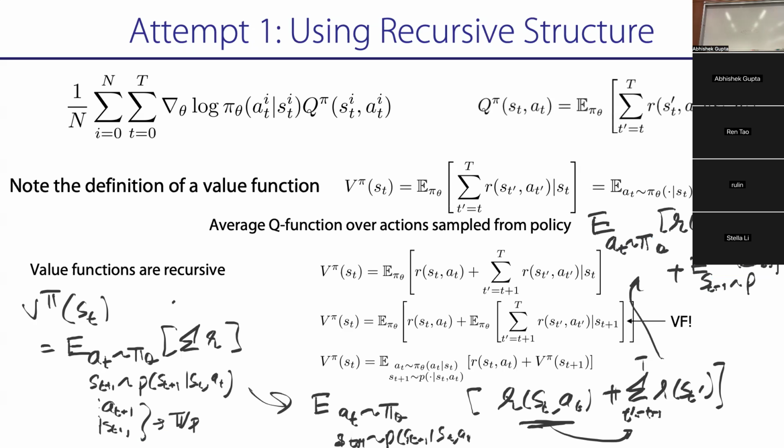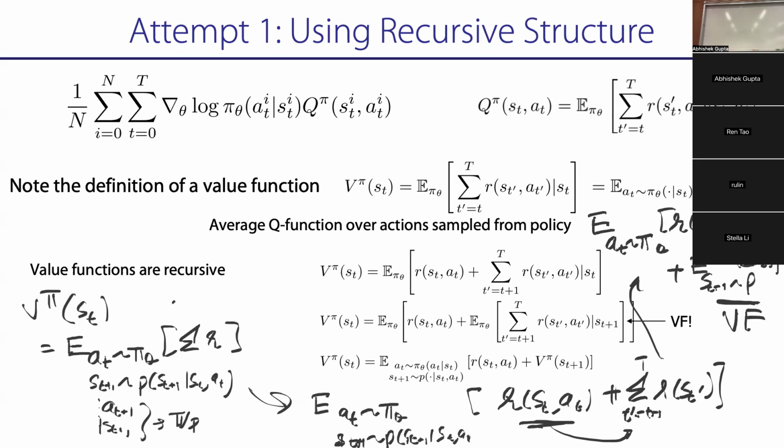And this expanded is just the expectation under your actions of your first reward, plus the expectation over your dynamics and everything else of all the future rewards, right? And now this thing on the right-hand side is your value function, right? So we've worked out these steps without shorthanding the expectation. But we've said that your value function now is your reward now plus your value function in the future.